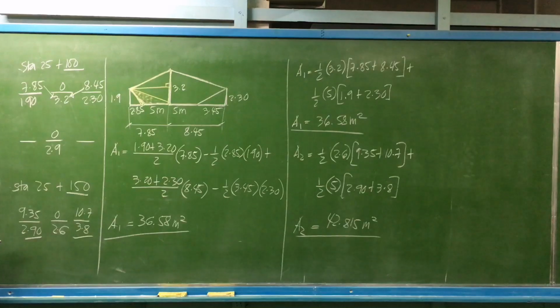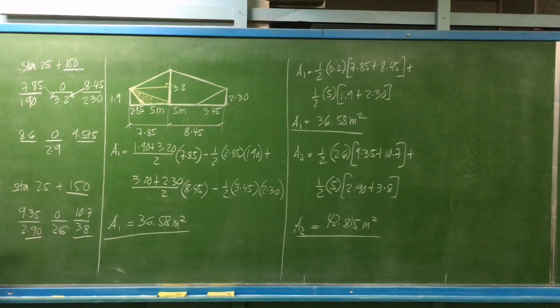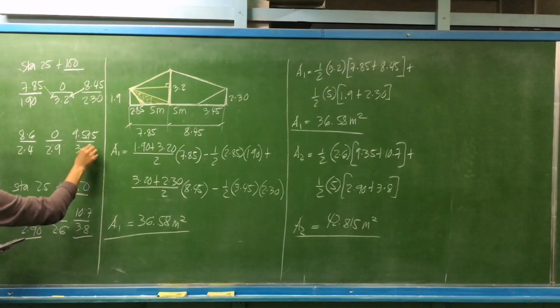Next, 7.85 plus 9.35, divided by 2, is 8.6. 8.45 plus 10.7, divided by 2, is 9.575. Then 1.9 plus 2.9, divided by 2, is 2.4. And 2.3 plus 3.8, divided by 2, is 3.05.